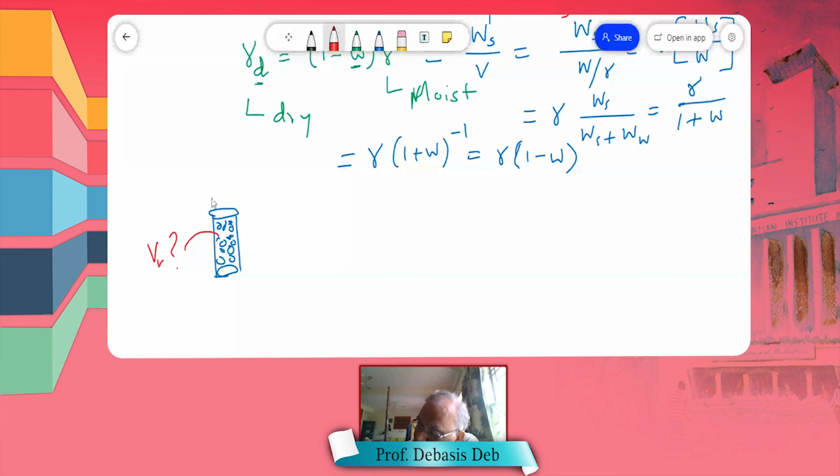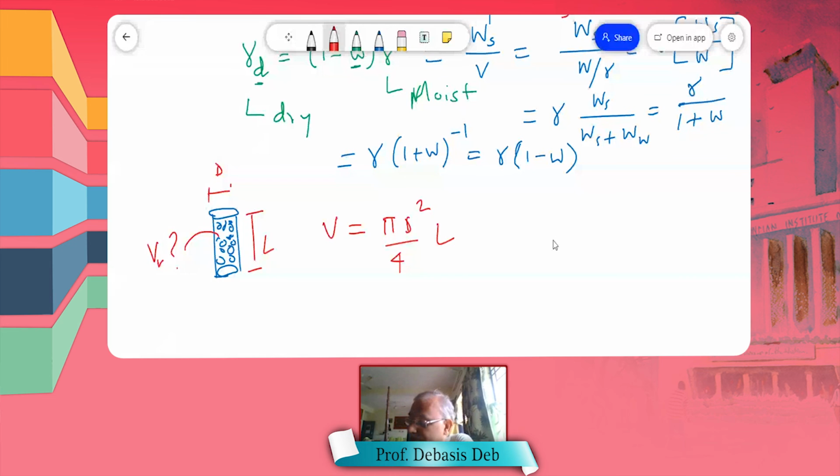So we measure the diameter, and we also measure the length. Okay, and then we find out the volume of this entire sample, or we call it bulk volume. So this will be pi d square by 4 into L.